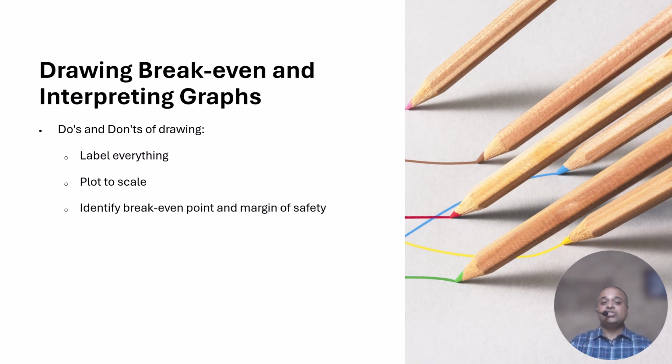Keep your lines straight and logical, not just neat. And remember, if the question doesn't ask for a graph but gives you cost and revenue data, it might be testing your ability to interpret, not draw. So watch the command terms. Construct means draw. Explain means discuss what the graph shows.